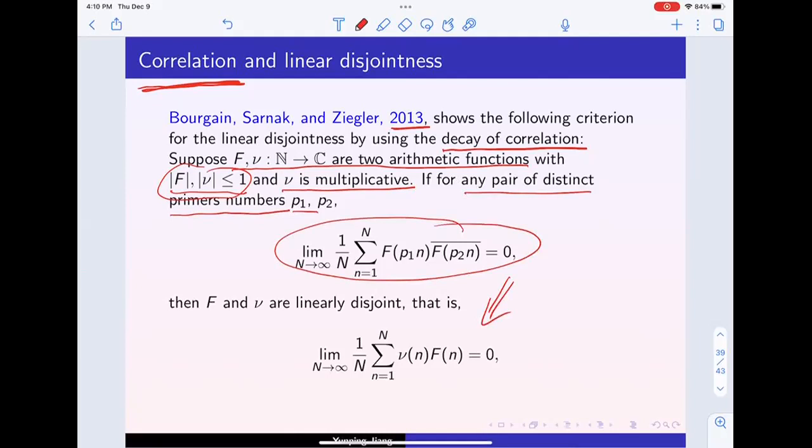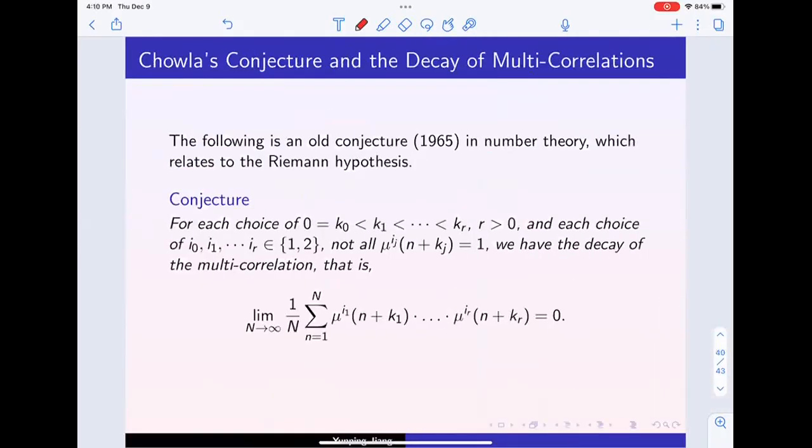It doesn't matter whether the function is the Möbius function or another function, as long as it is multiplicative.